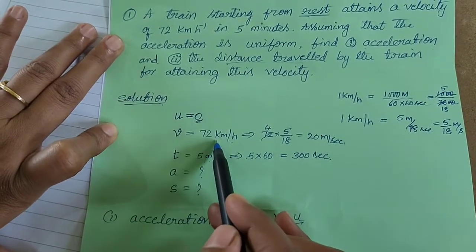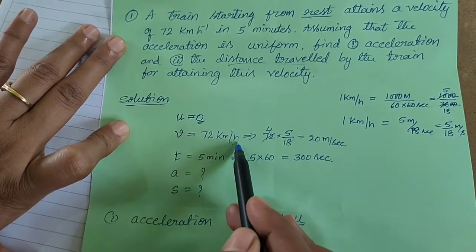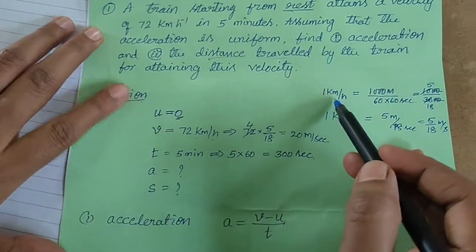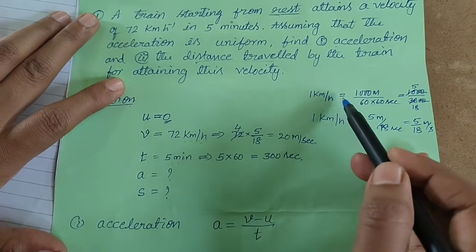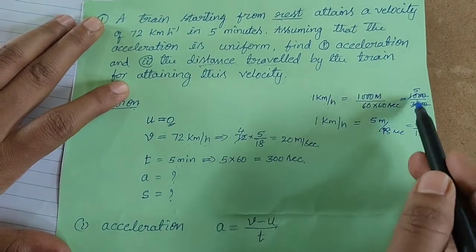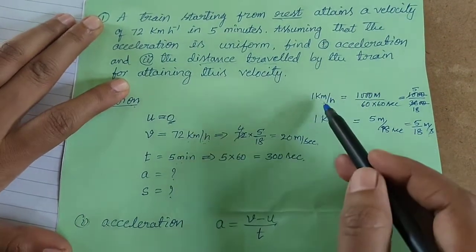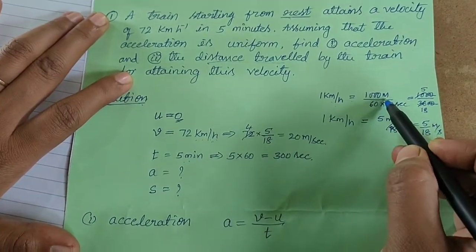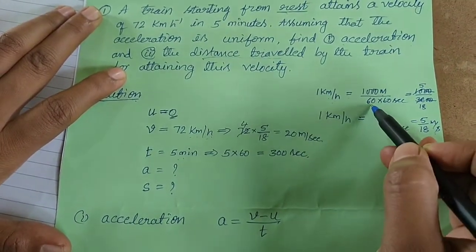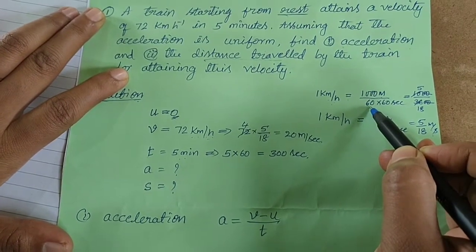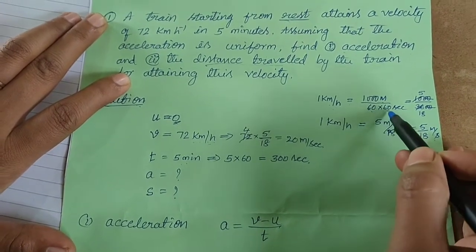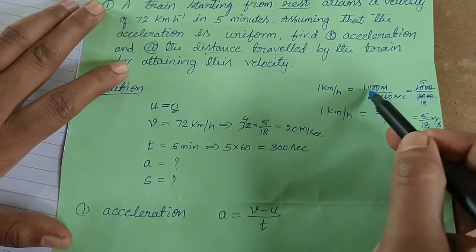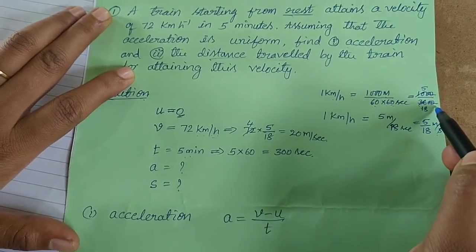Now I want to convert this kilometer per hour into meter per second. Students, you know how 1 kilometer per hour can be converted into meter per second. 1 kilometer is 1000 meter. 1 hour means 60 minutes, and 60 seconds. Multiply these two, we get 3600, so 1000 divided by 3600.